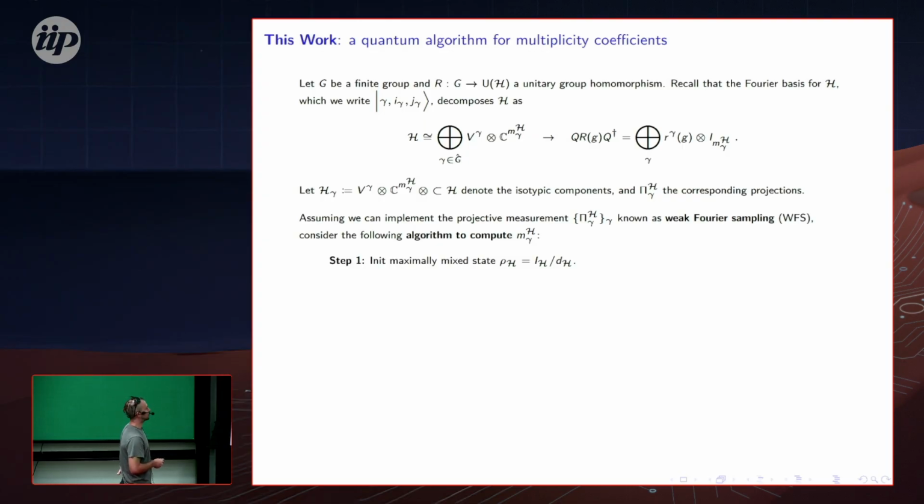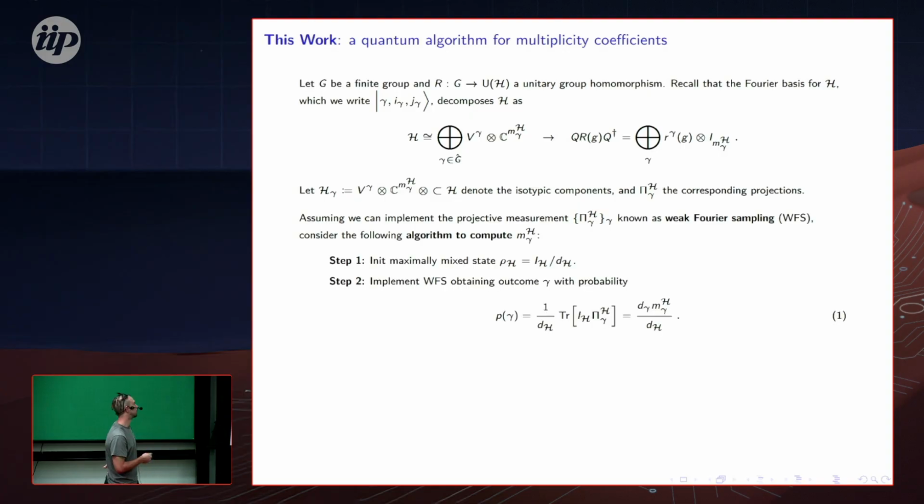Our algorithm looks like this: initialize the maximally mixed state over H, as I was already pointing to. Then implement weak Fourier sampling, and you'll obtain gamma with a probability that's proportional to the multiplicities.